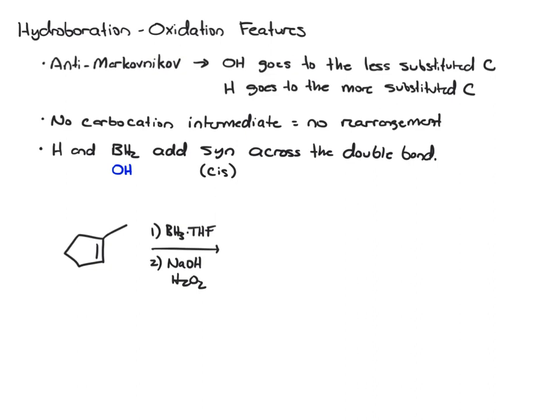If we have this example here where we have an alkene in the ring, what you want to do is analyze both carbons and find the one that is more substituted. That's where your H will end up.